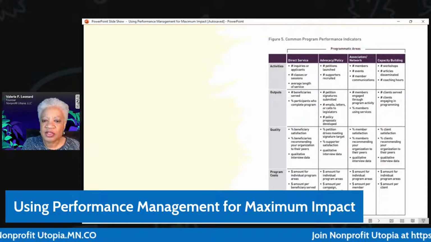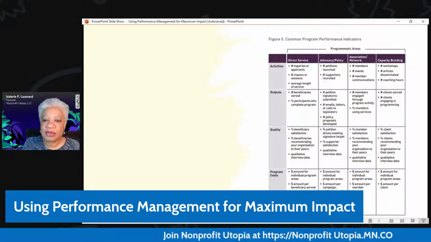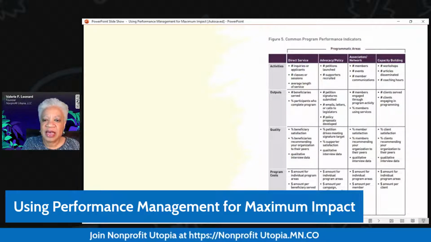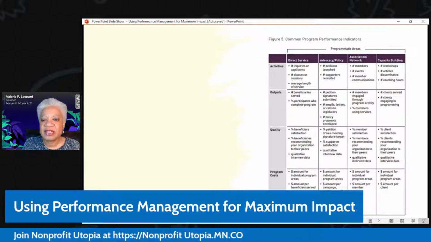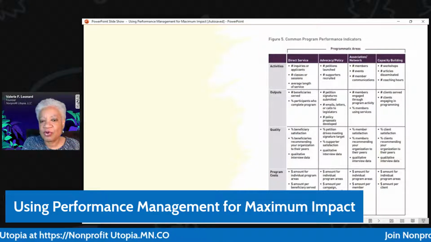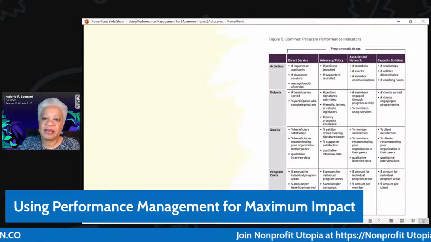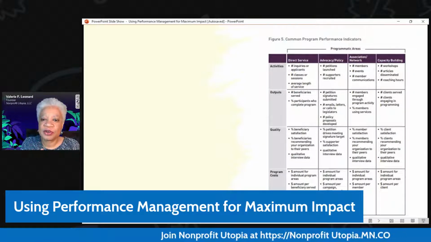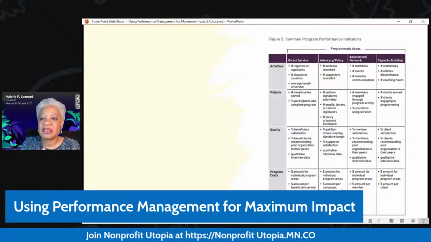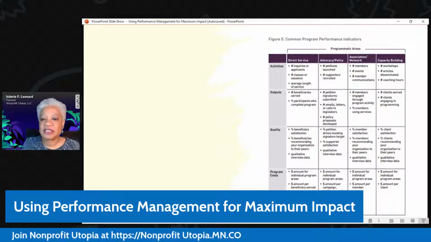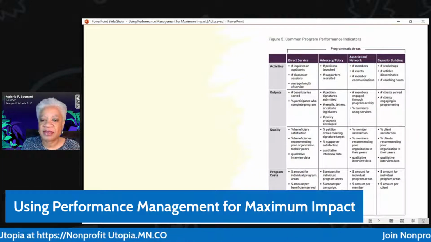All right. So here, when we look at our program performance indicators, we're looking at things like the activities, outputs, the quality and program costs, right? But we can also look at program areas such as direct service, policy advocacy, our associations and our networking and our capacity building.